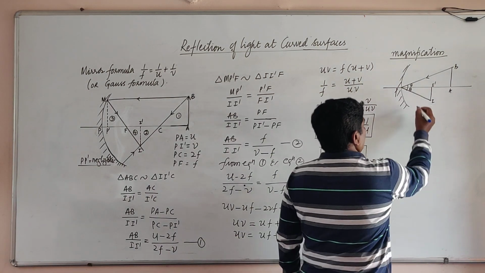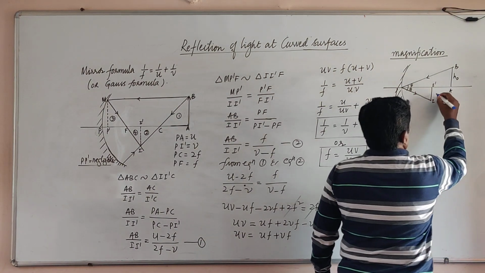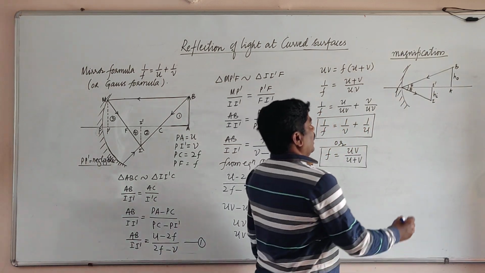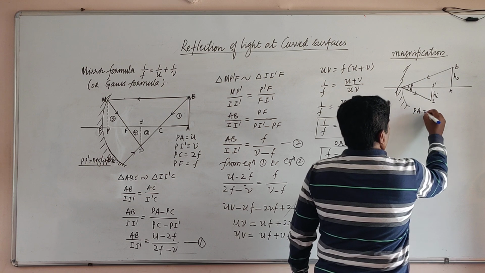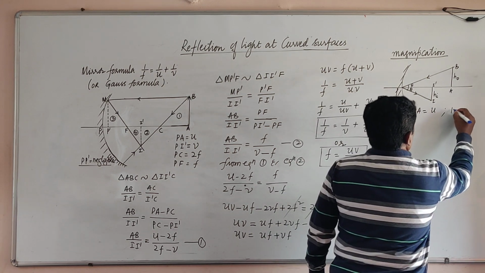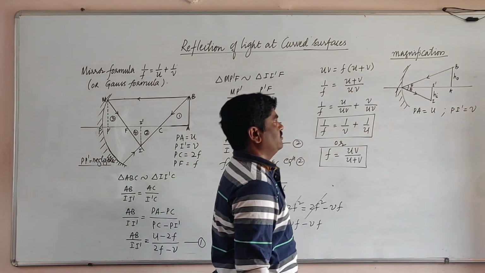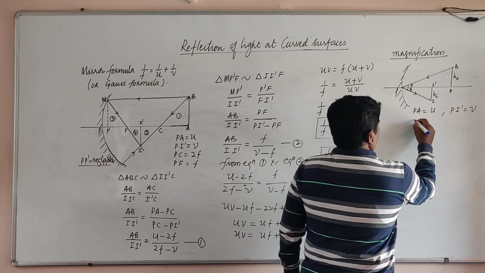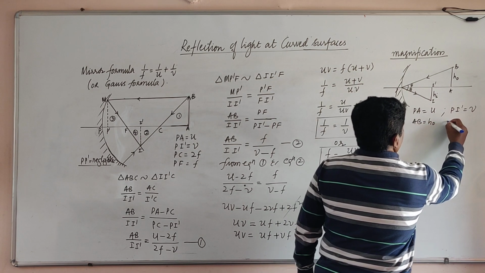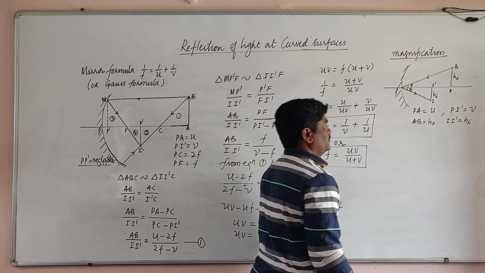Because according to laws of reflection. And this is the height of the object and this is the height of the image. And PA is nothing but U, object distance, and PI dash is nothing but image distance. Now here AB is nothing but height of the object and I dash is nothing but height of the image.